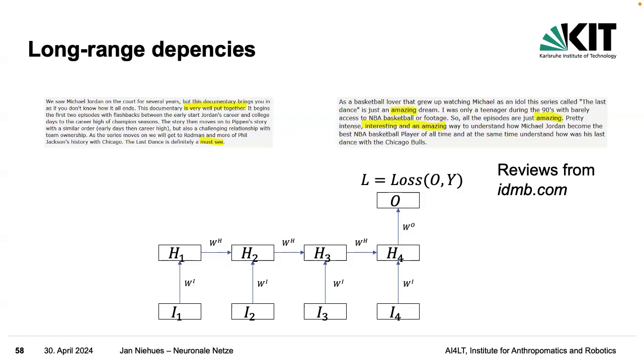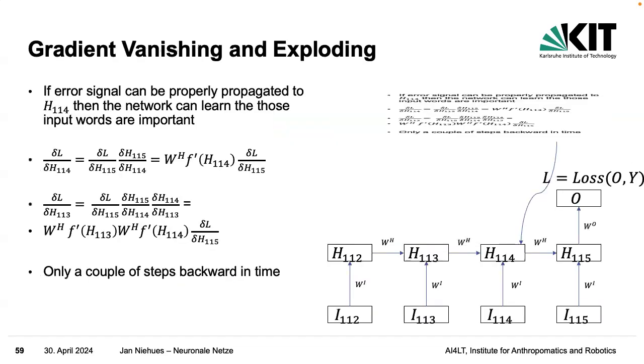So you should have a long chain of influence. However, and that is what we want to show now in what is referred to as gradient vanishing and exploding, this calculation is not really good. And in a vanilla RNN, therefore, you won't typically learn this long-range dependency. What is the problem?